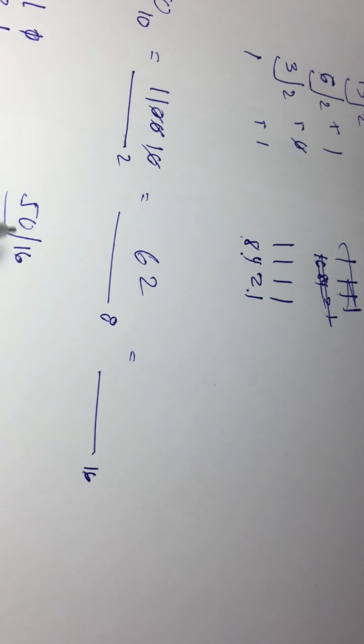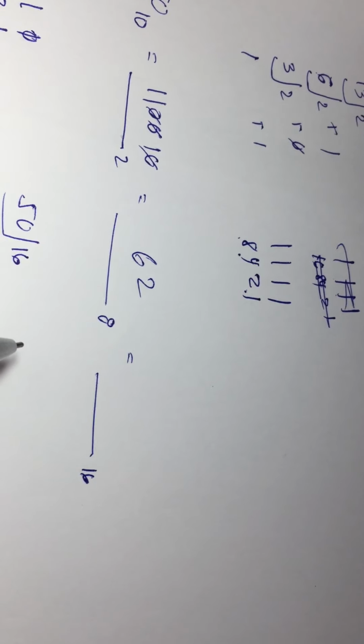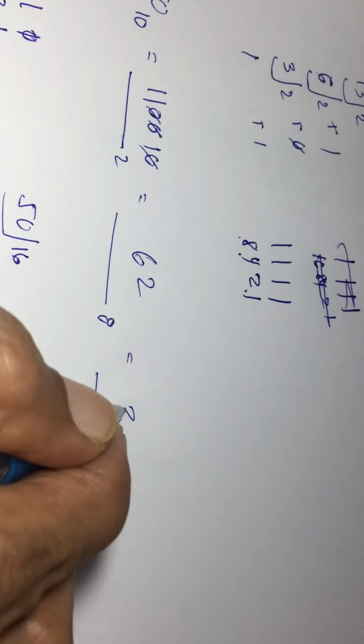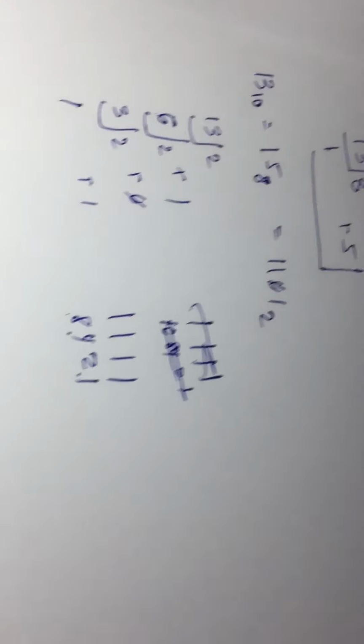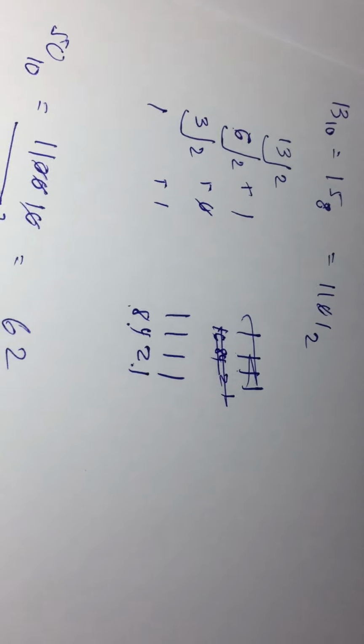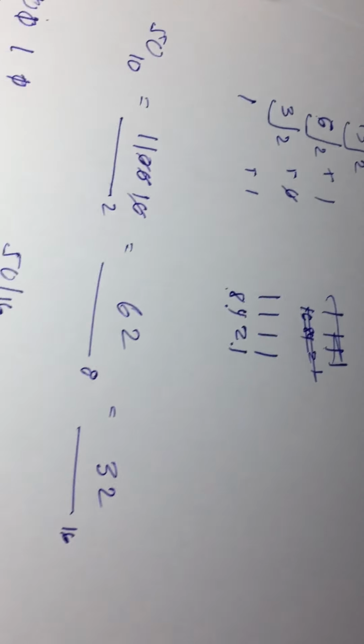Tama. 50 minus 48, remainder 2. So, 32 of base 16. Alright? So, that's how we convert number system from one to another. Okay?